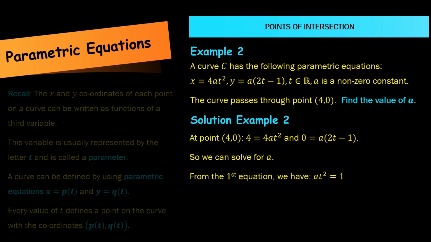From the first equation, we have that at squared equals 1. We've simply divided by 4 to obtain this. And this implies that t equals 1 over root a.